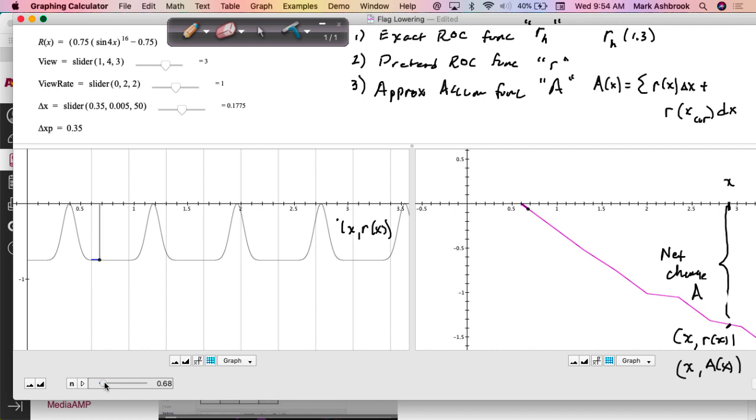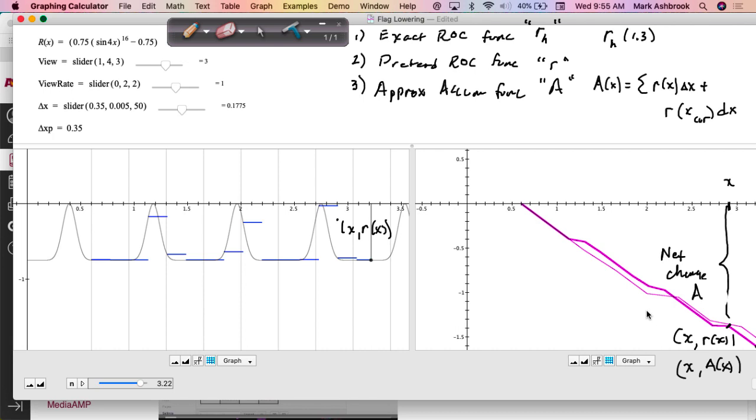And so watch what happens. So these are shorter time intervals for our delta x's. And so the approximate rate of change is better than it was before with smaller intervals. And so then this thicker one is the new approximate accumulation function.